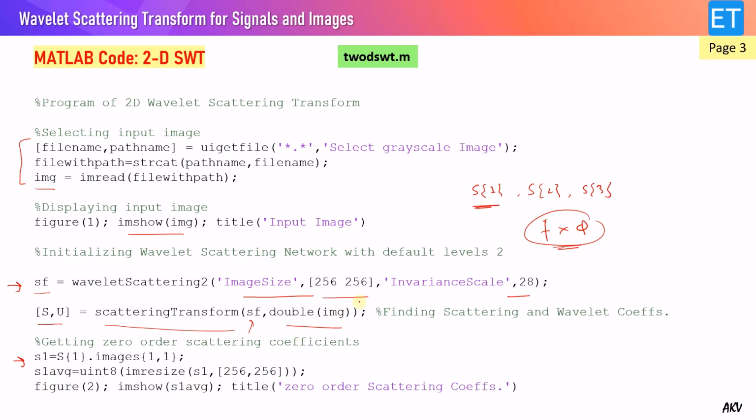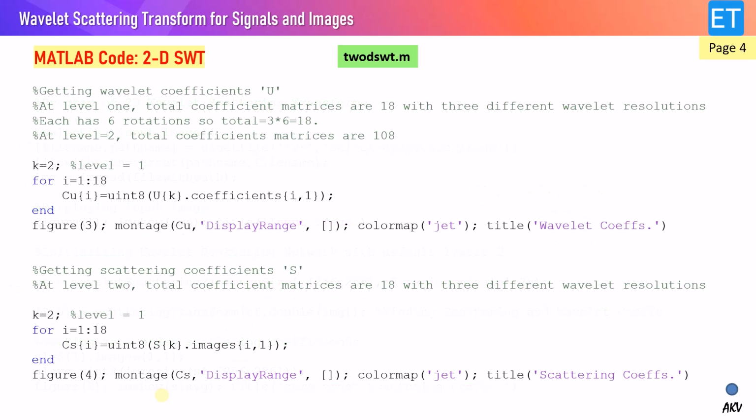Although my image size was this, because of the downsampling of the coefficients, this matrix size is small. So I am stretching it again to 256 by 256 so we can visualize it better. With the image size, I am taking it back to 256 by 256 and then showing these coefficients. Here you will see the blurred image, and now getting the wavelet coefficients from U.